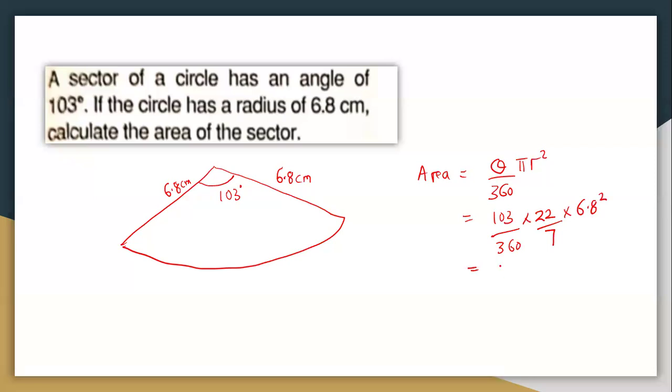After, we are going to get 103. We are multiplying the upper ones, the numerator, then the denominators. Then after, we shall get the answer as 41.557.